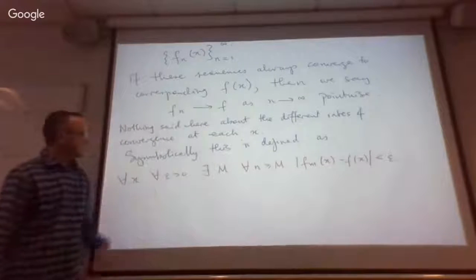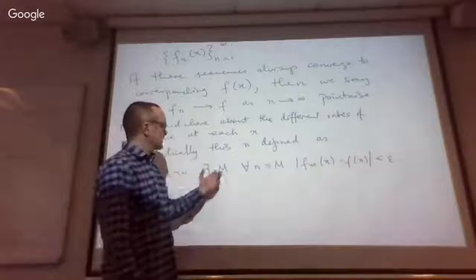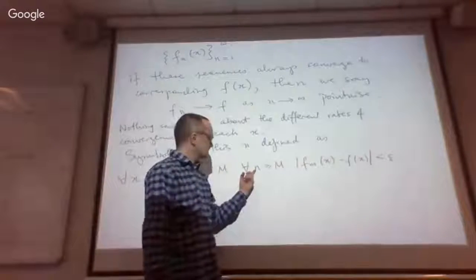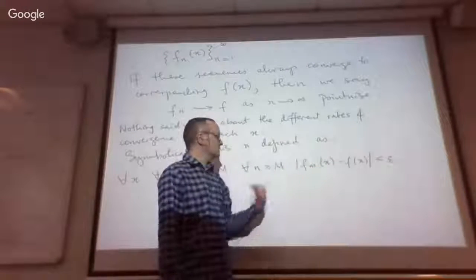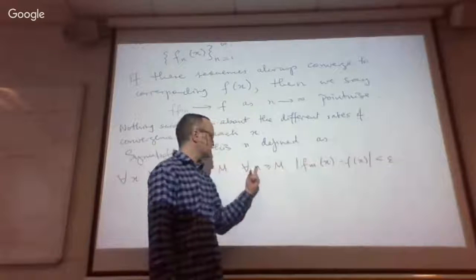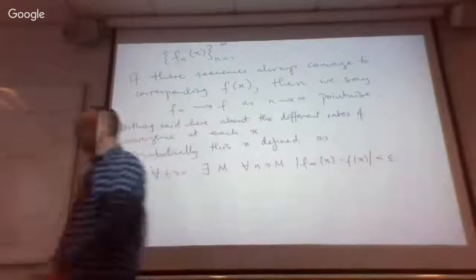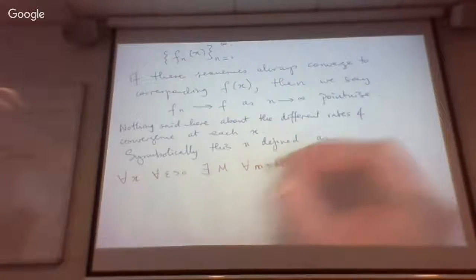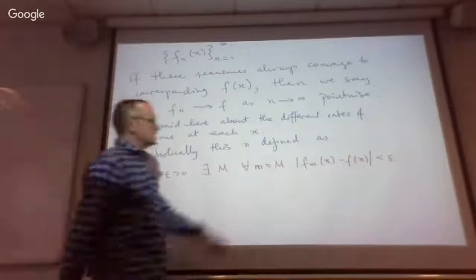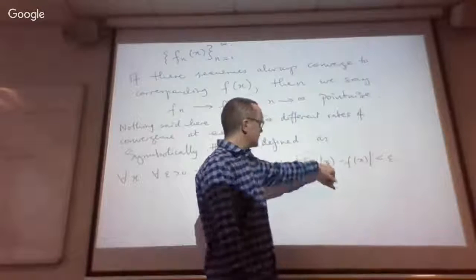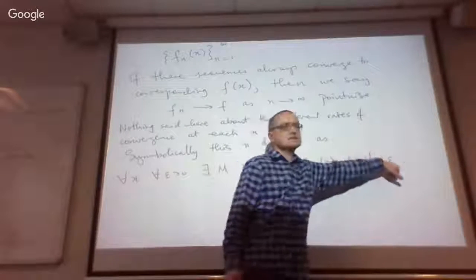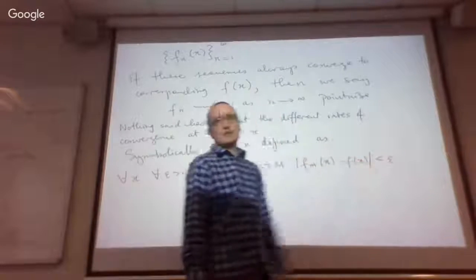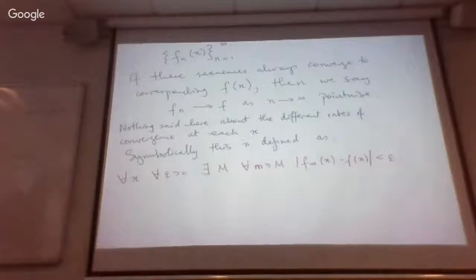For any value of epsilon, there was some point, capital M. If you look at the sequence functions after that point, then their value at x is within the distance epsilon of the limiting value f of x.